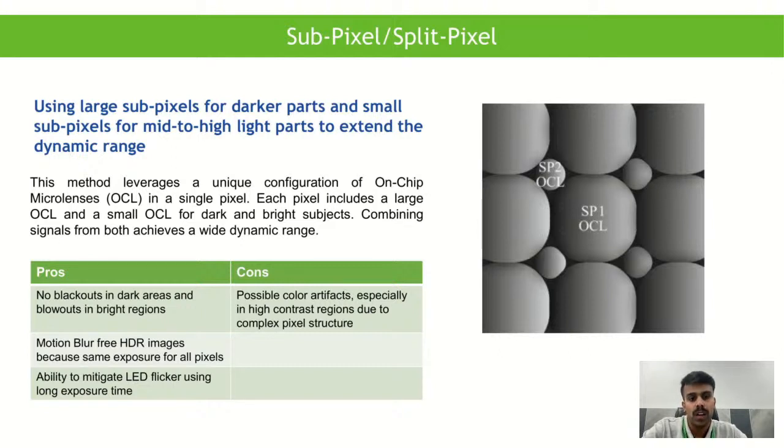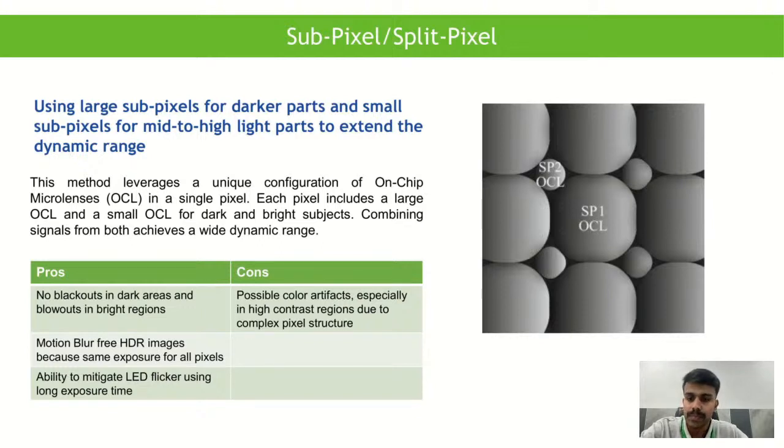When you use a common exposure time for both these pixels, the bigger size pixels will not be saturated immediately, but the smaller size pixels will be saturated immediately. So this can be used for achieving two different exposures, but in this case it's two different individual pixels for bright scenes as well as dark scenes.